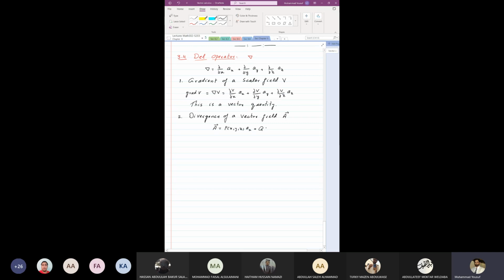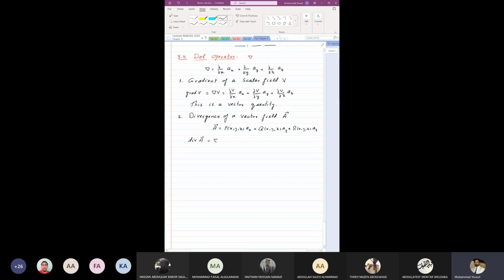So A is P of x, y, z, ax, plus Q of x, y, z, ay, plus R of x, y, z, az. So this is a vector field. Then what is divergence? We also write div of this vector field.